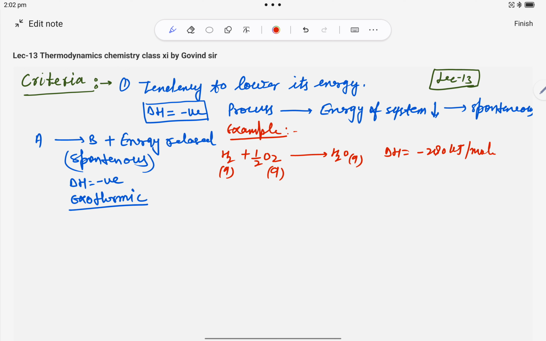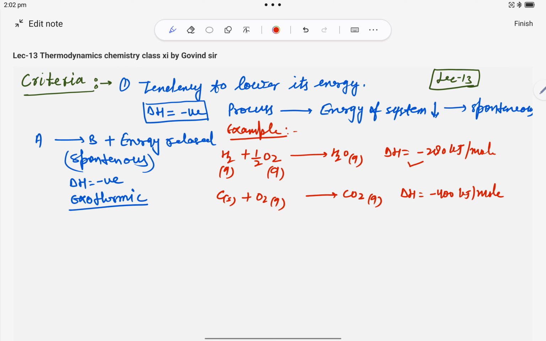So this is a spontaneous process because of an exothermic reaction. Similarly, carbon solid to CO2 gas, here also the delta H value is negative. So if delta H is negative, then the process will be spontaneous.